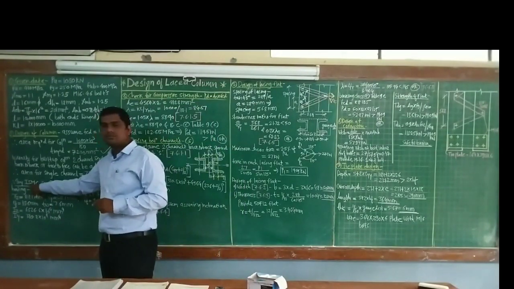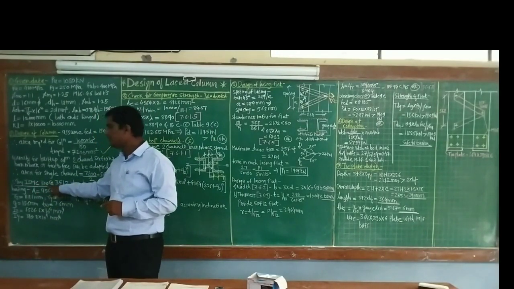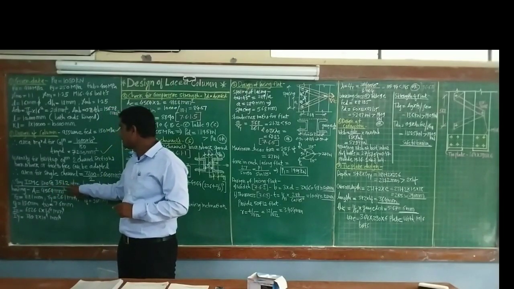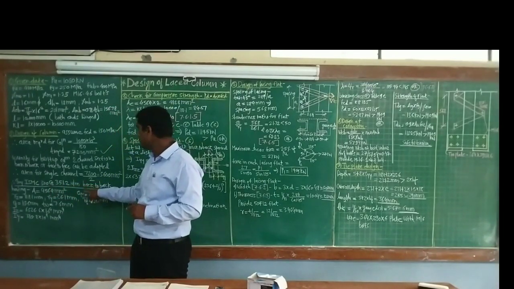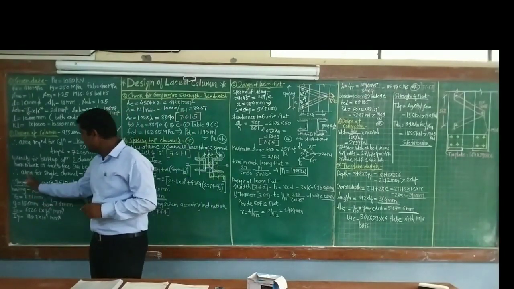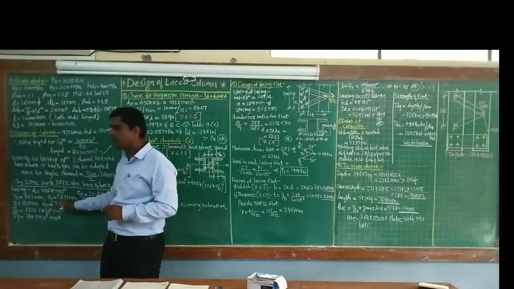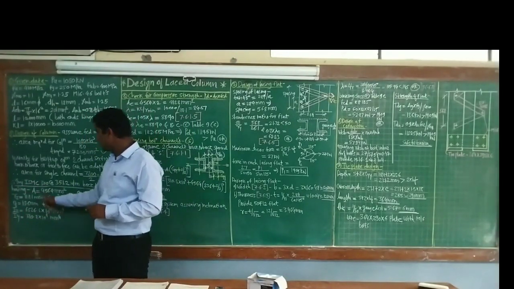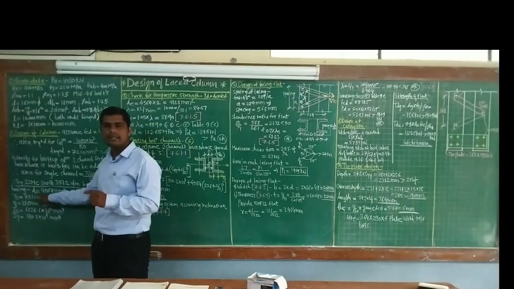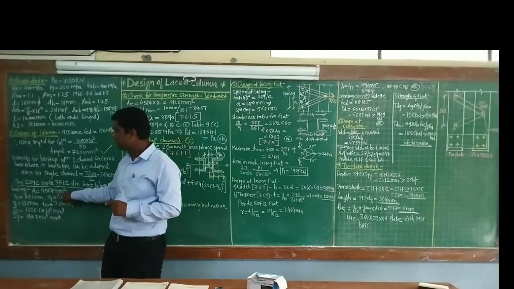Then try from the steel table: ISMC, Indian Standard Medium Channel section 300, where 300 is the depth of the channel section, with a weight of 351.2 Newton per meter, which we have to place back to back. ISMC 300 has some properties that we are going to take from the steel table. The single channel section area is 4564 mm square.